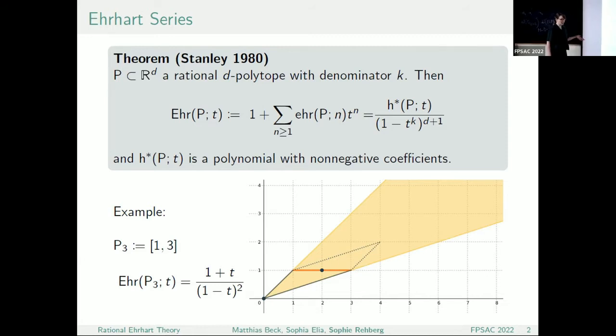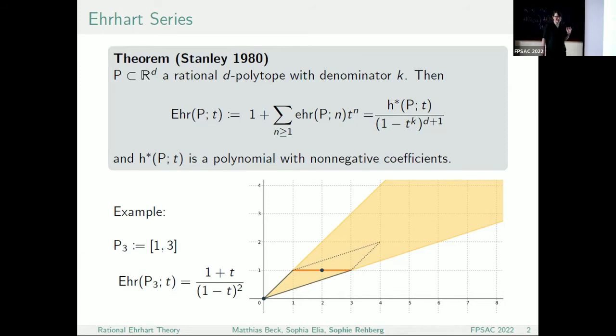And then in order to compute the h-star polynomial, the only thing we have to do is look at this half-open fundamental parallelepiped spanned by the generators of the cone. And we look at the integer points in this half-open fundamental parallelepiped. And then this 0 point here gives us a constant 1. This point at height 1 gives us this t. And if there were, let's say, 3 points at height 2, we got 3 times t squared in this polynomial. So we look at the number of points at each height.